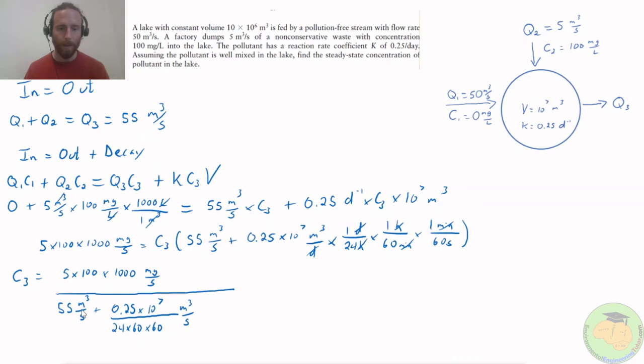So we have meters cubed per second on the bottom, milligrams per second on the top. The seconds are going to cancel out, and we're going to get units of milligrams per meter cubed. So now we can plug this into our calculator. And we find that C3 is 2928 milligrams per meter cubed.